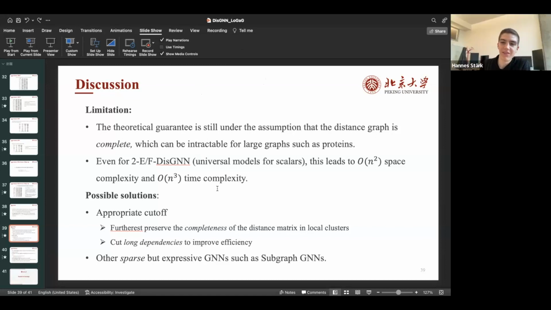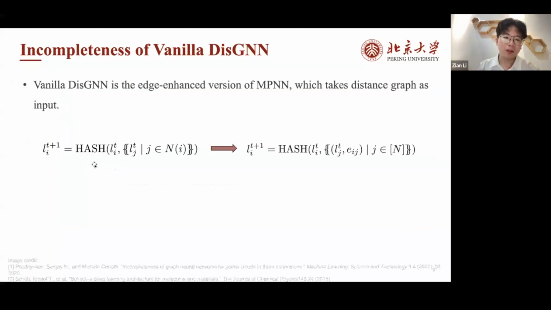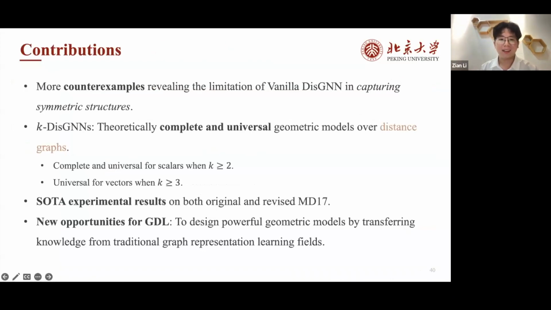Okay, very nice. Then, Zian, do you have any last comments or takeaways that you really want us to have? Yeah, maybe I will again note that, as we showed, the distance graph is very important and has great potential because it has a very strong inductive bias.